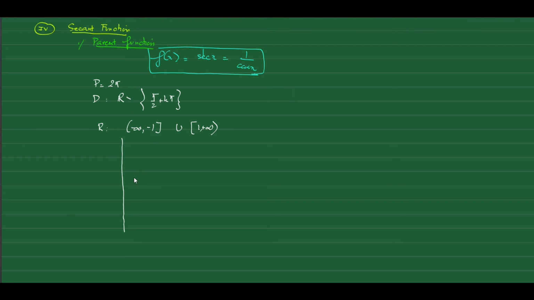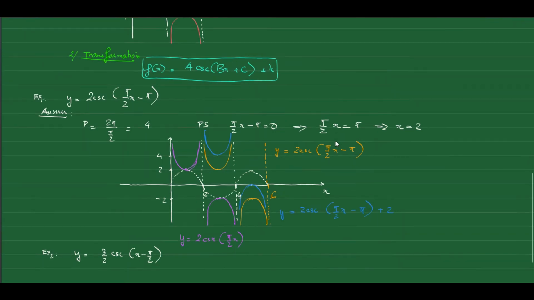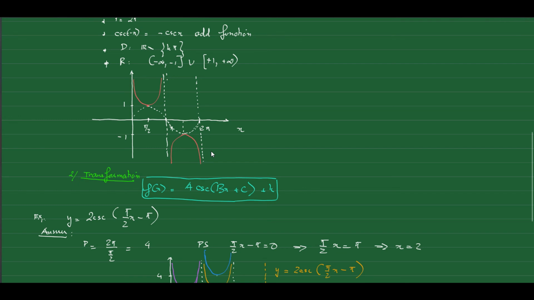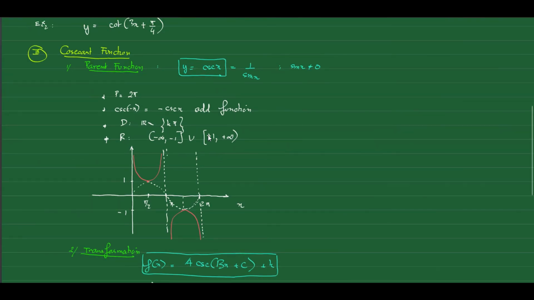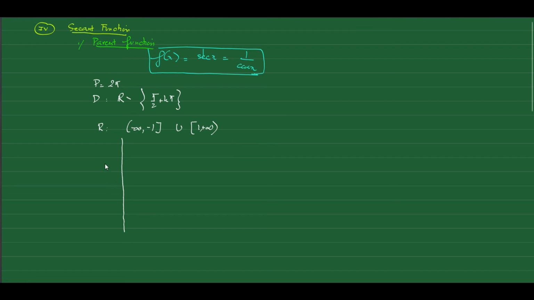So you will see that it's going to be symmetric about the y axis. Last time it was symmetric about the origin. That was cosecant. It's an odd function, so it's symmetric about the origin. But this now is symmetric about the y.